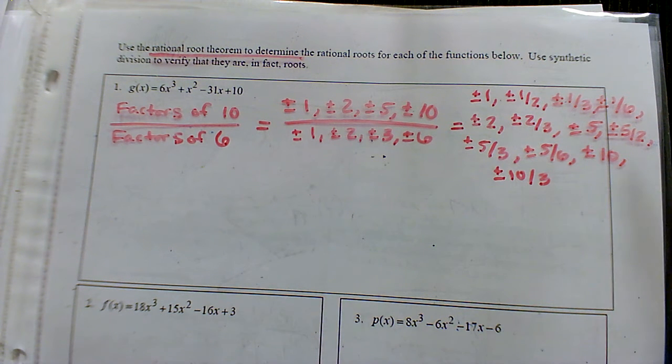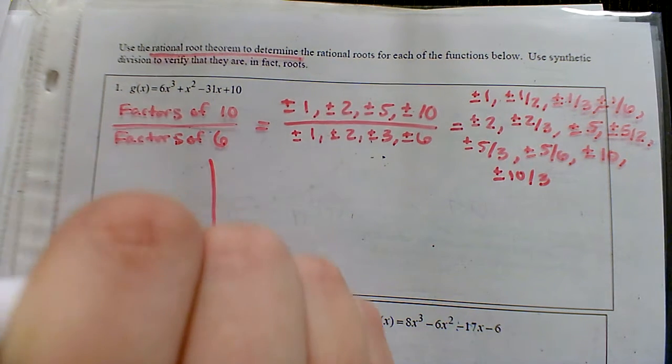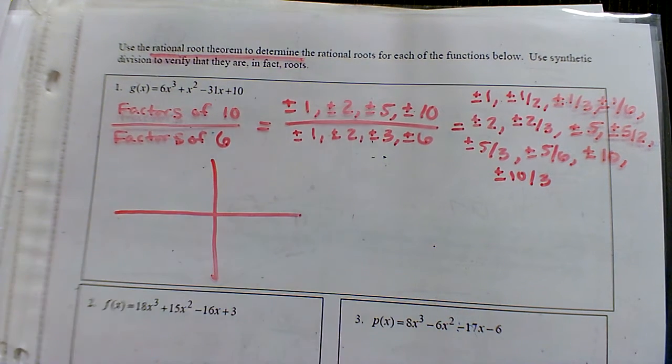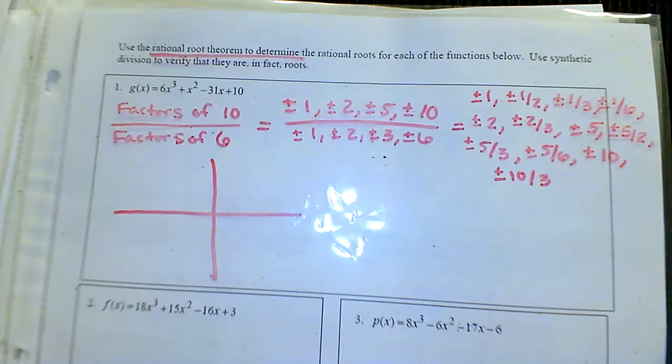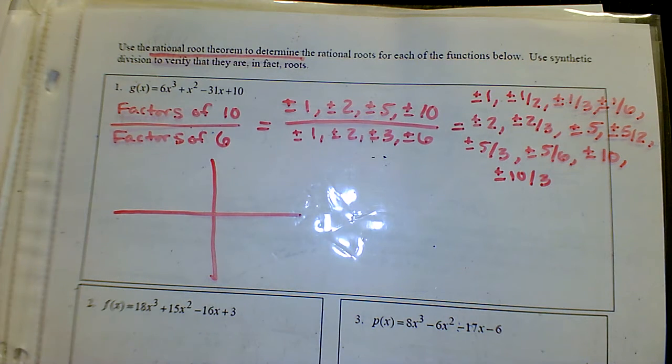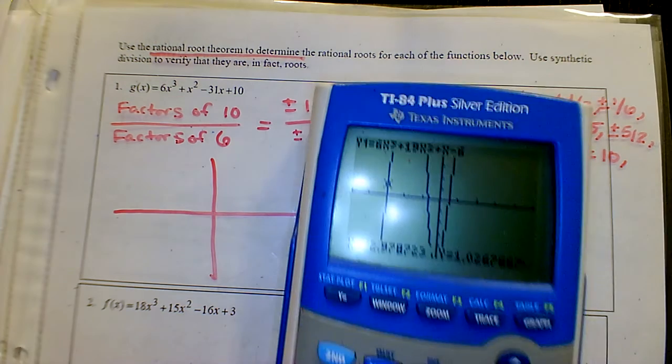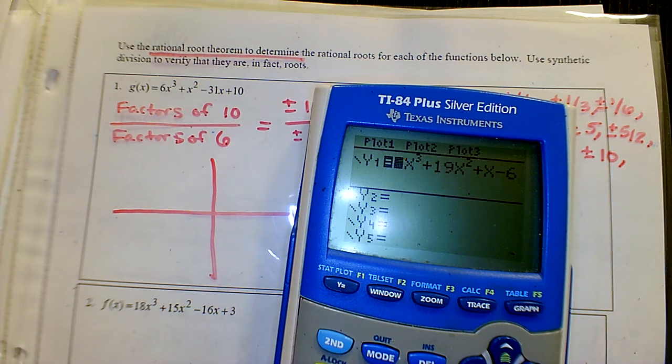Alright, so if these are all the possible ones, we're going to go ahead and graph it to see which ones we should pay more close attention to. Which ones seem to be the actual x-intercepts instead of just possible x-intercepts. Alright, so on your calculator we can clear out the last equation and type in this new one.